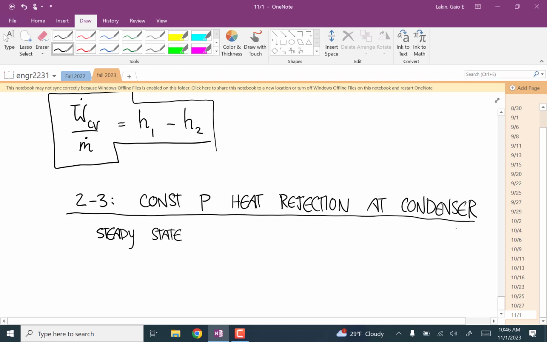We're going to assume potential energy and kinetic energy are roughly constant. And this time, there is obviously heat transfer, but we're going to assume there's no work done. It's just a rigid device. So W dot is equal to 0.